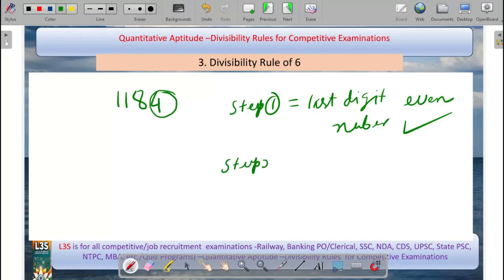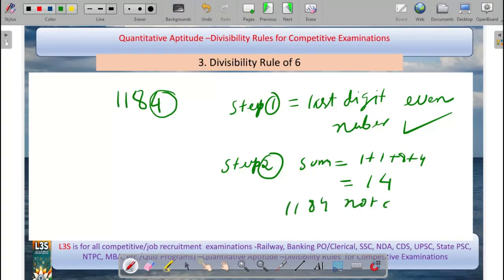Step 2, the sum of all the digits will be 1 plus 1 plus 8 plus 4. That means 14. Now 14 is not divisible by 3. So 1184 is not divisible by 6.